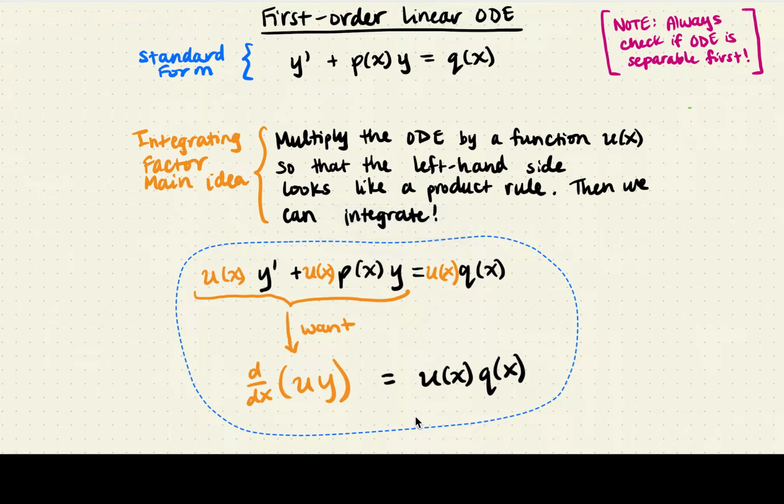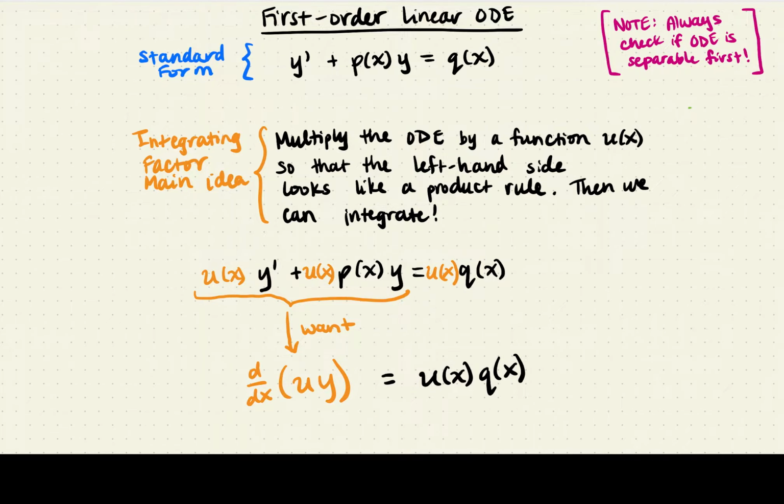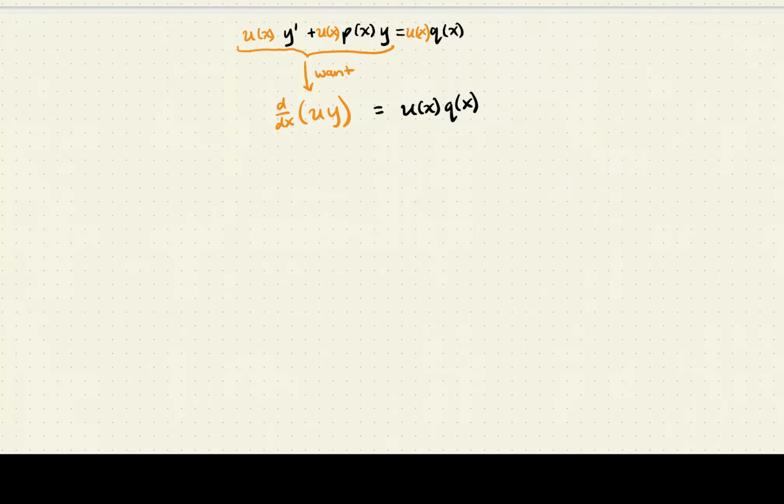I'm going to go down to the next page so we can keep working here. All right, so this is where we left off, and we want to figure out how to find u of x.